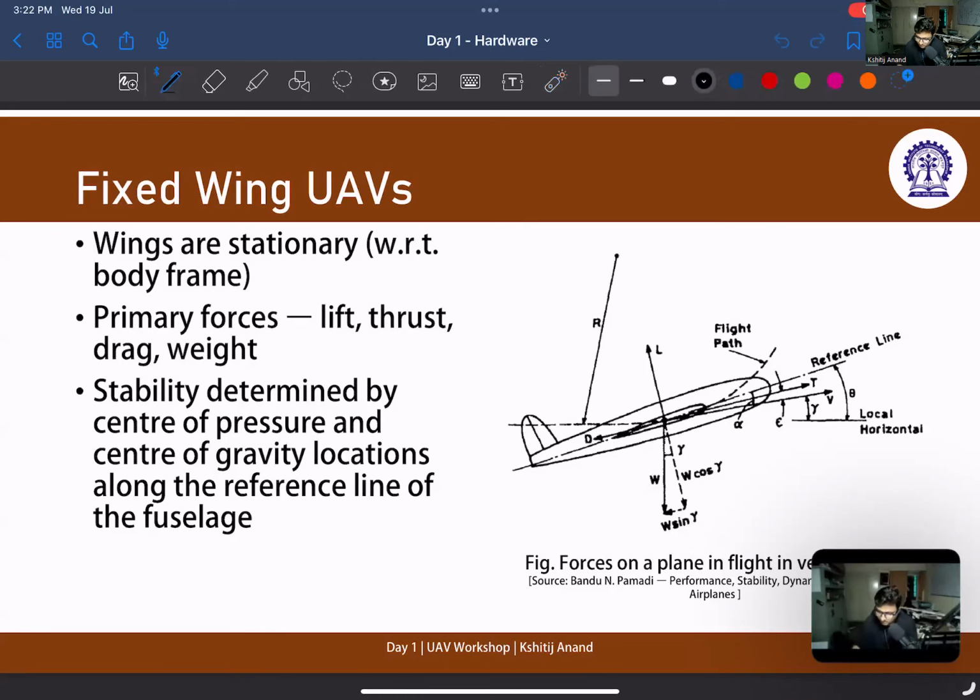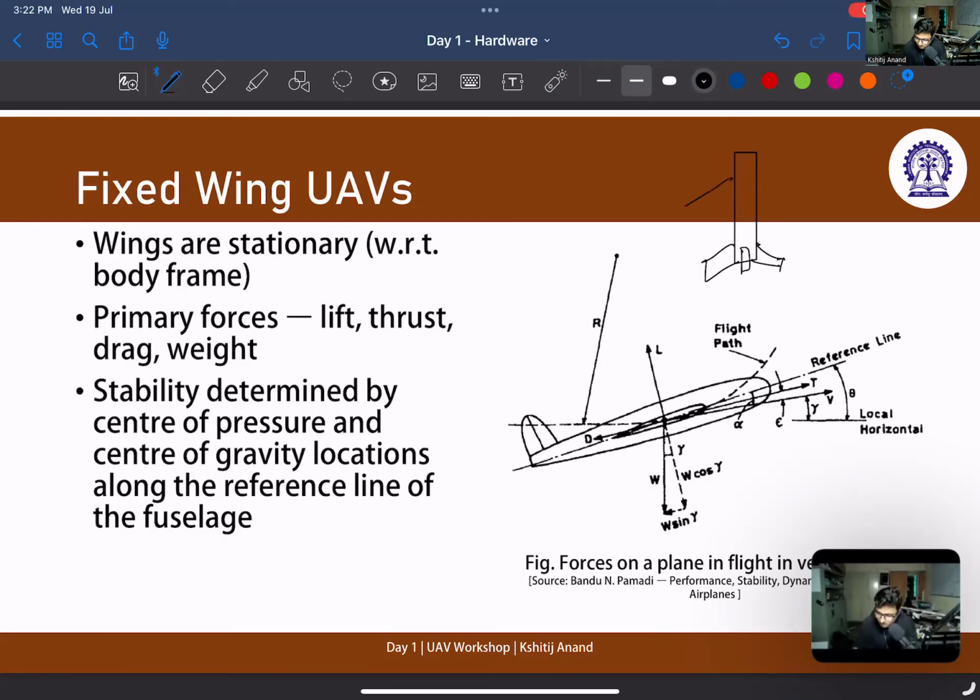So if I have an aircraft and I look at it from the top, I guess you can see I'm sketching something on the screen. If this is the fuselage of the aircraft, this is the tail, I am looking at the top view, and these are the wings. Then we have this body frame axis fixed at the center of gravity.